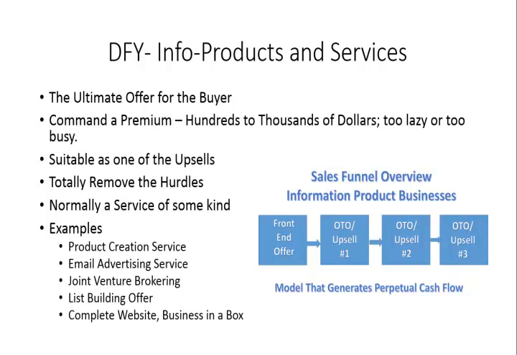So you build the entire website, and you put together the product funnel, and you put together the email. So all they've got to do really is just plug in, or just pay you, or watch their statistics, and they're going to start profiting. So DFY is the ultimate offer for the buyer, and it's probably going to be the most expensive, but it is one that really does provide great value to them.